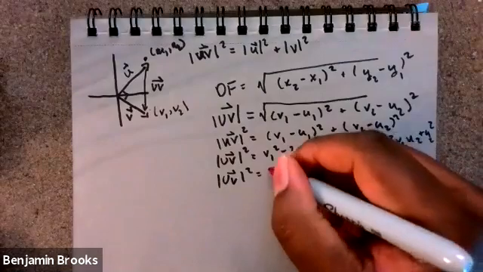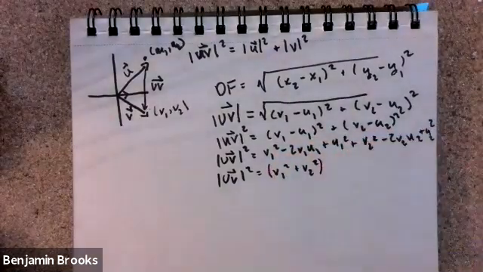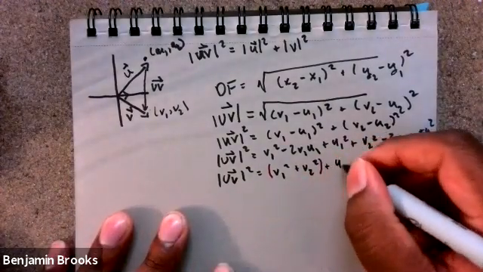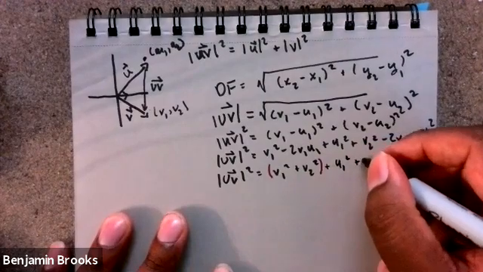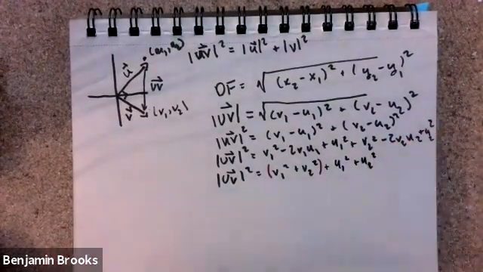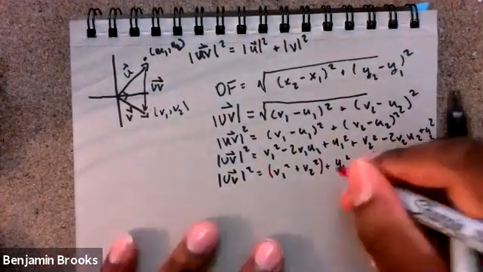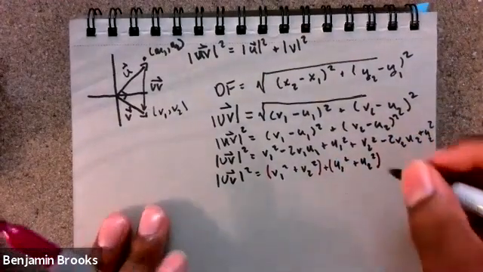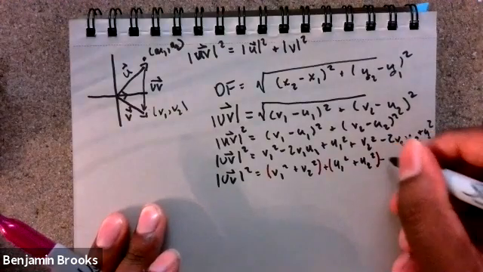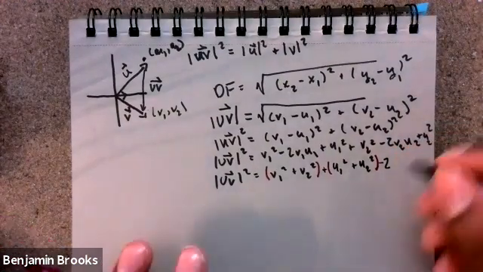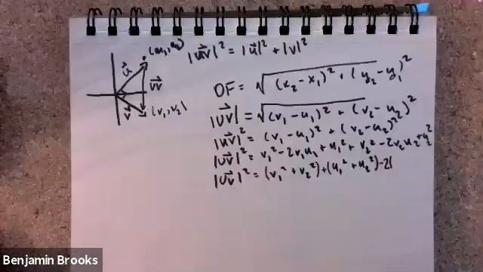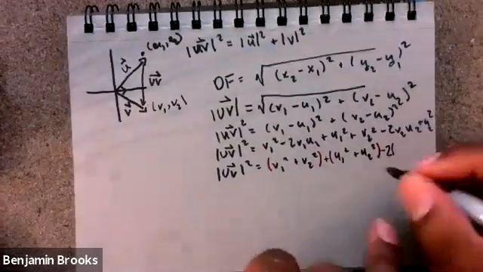Plus u1 squared plus u2 squared, okay, minus 2, and I'm going to try to get it in there, but it's going to be kind of tough, but I think we can get it.